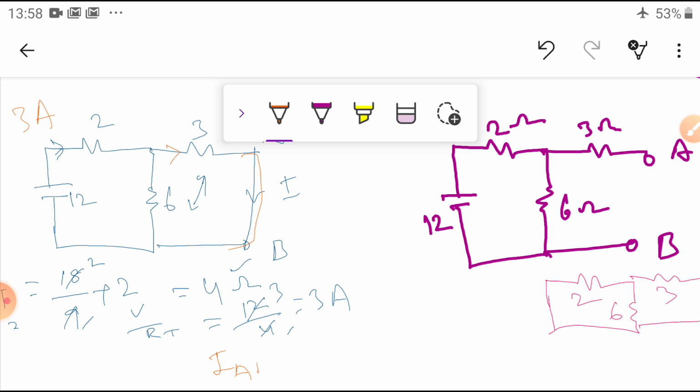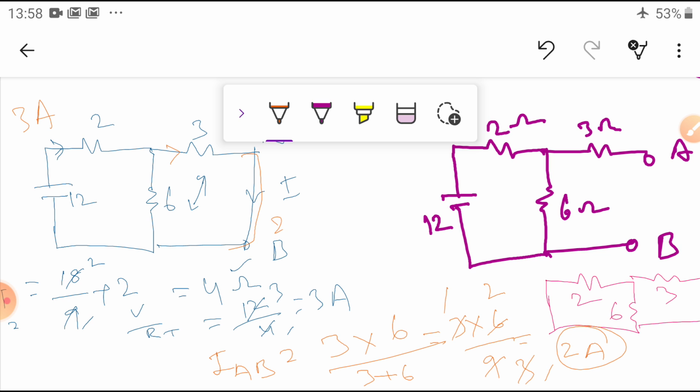IAB is equal to the total current, 3, into the resistance 6 divided by 6 plus 3. So 3 into 6 divided by 9, 3 ones are 3, 3 threes are 9, 3 twos are 6. That means 2 amperes. So this is 2 amperes current flowing through the AB terminal.